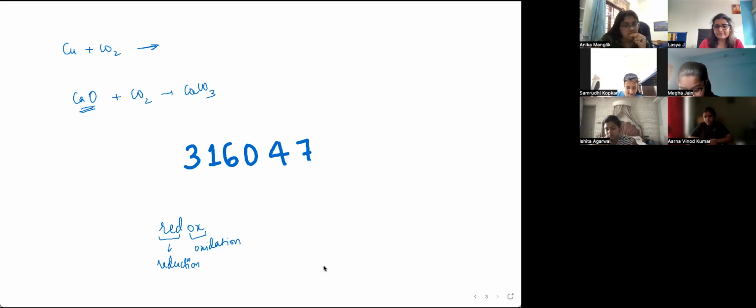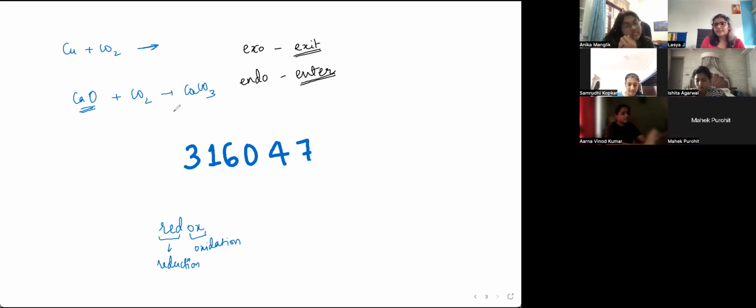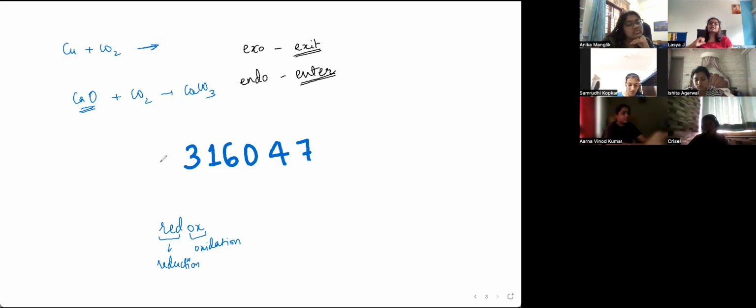So if it is confusing, find a way to remember it, use some sort of mnemonic. The best one that works for me and also makes sense is, exothermic, exo, so related to exit. Exit means going out. So heat is going out. Heat is being released. And endothermic, think of it as entering. So heat is being absorbed in that case. So reactions in which heat is released, think of something burning.